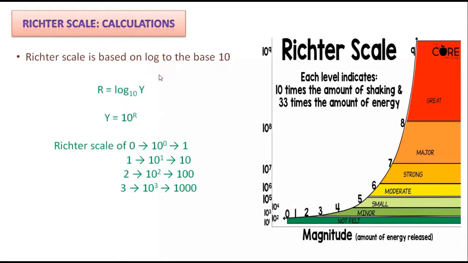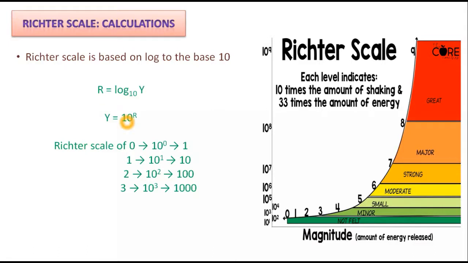Let's call the value on the y-axis y. Here we have written the value of the y-axis in capital Y. So as per the laws of logarithm, y will be equal to 10 to the power of r, right? That is the relation between a value on the y-axis and the respective value on the x-axis.